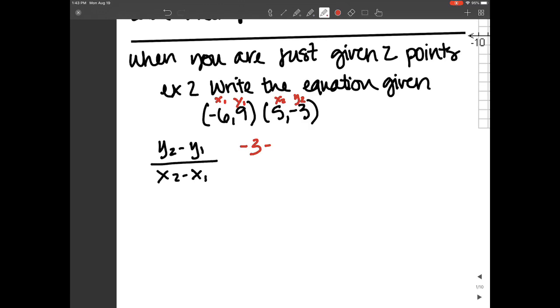Over, and then x2 is 5. Automatically put down a minus sign, and then I'm going to have a negative 6. That bottom part is where things get screwed up, because if you forget to put down the negative, then your signs are all off.